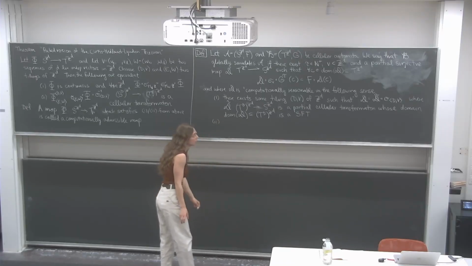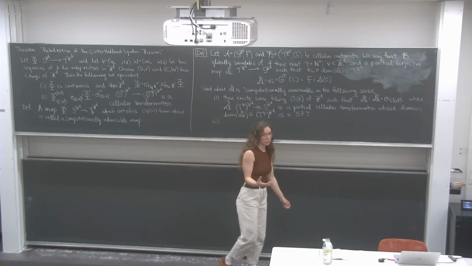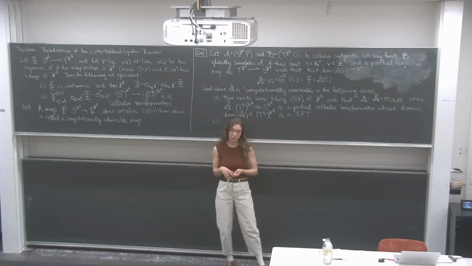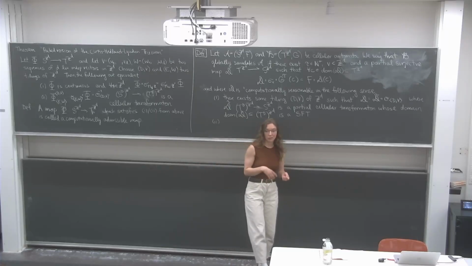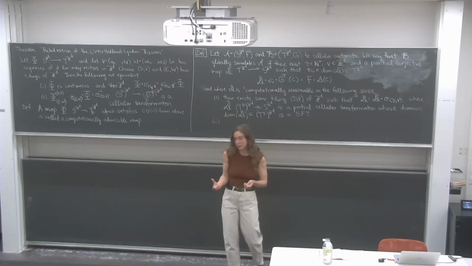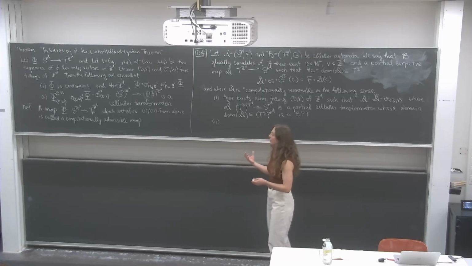And the second condition on the decoder is we would like it to have a computationally reasonable inverse, such that if we start with a configuration from A, we have some way to map it into some configuration of B in a way that corresponds with this decoder in a computationally reasonable way.